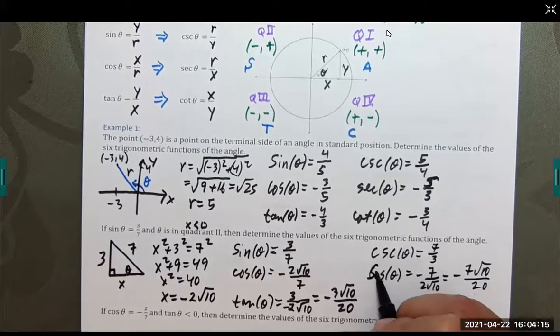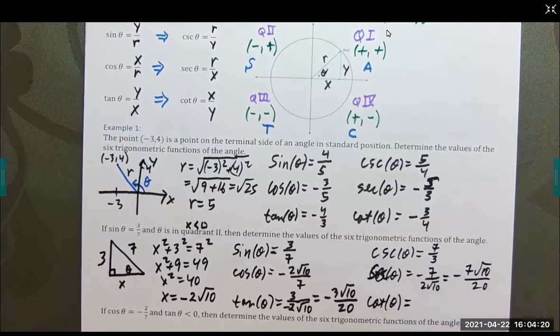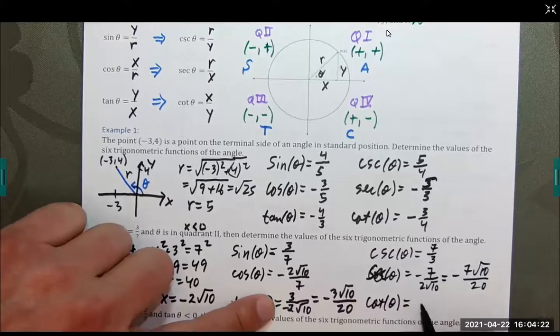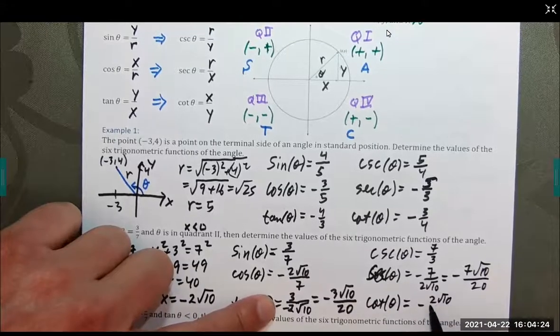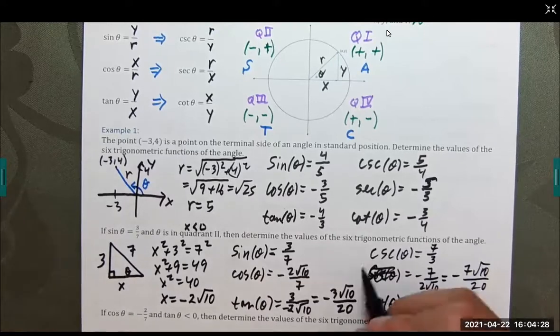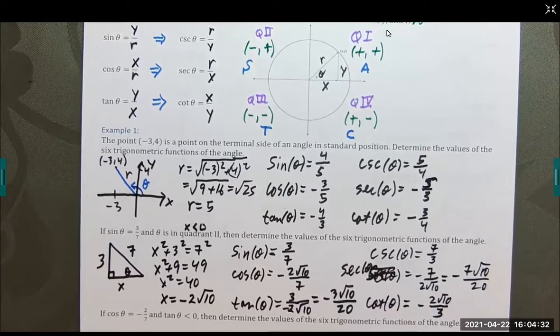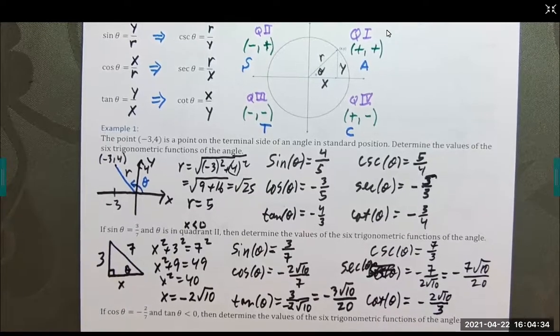And cotangent of theta is the reciprocal of tangent. That's going to be negative 2 root 10 over 3. So let's fix that. That's secant theta. All right.